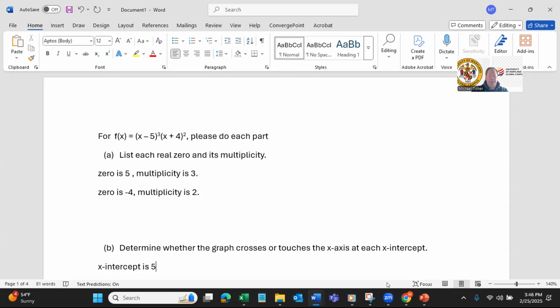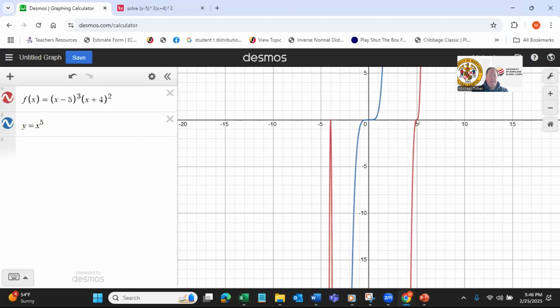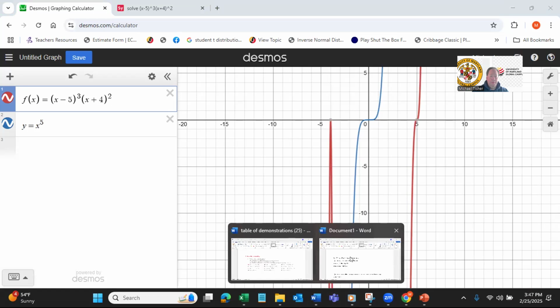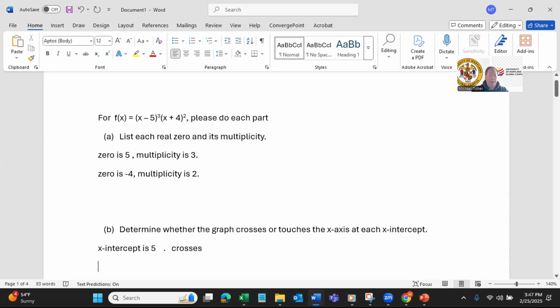And let's look at the graph that we just saw a while ago. So here's 5 right here, and it looks like it goes through and crosses the x-axis. We'll just say crosses.